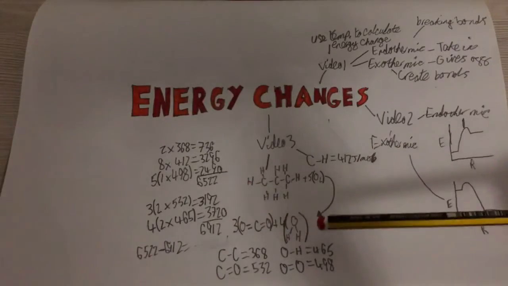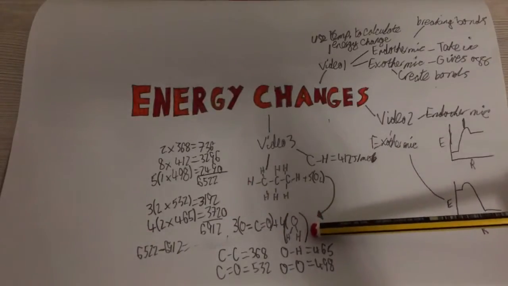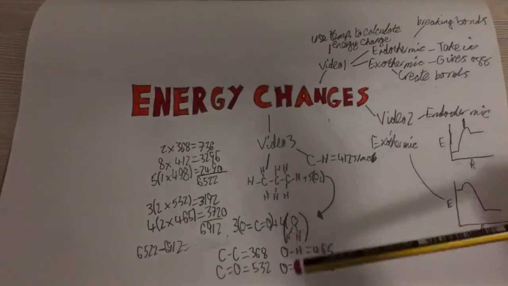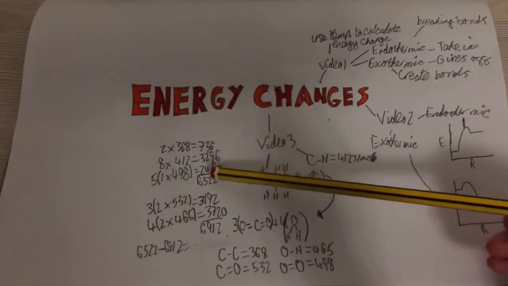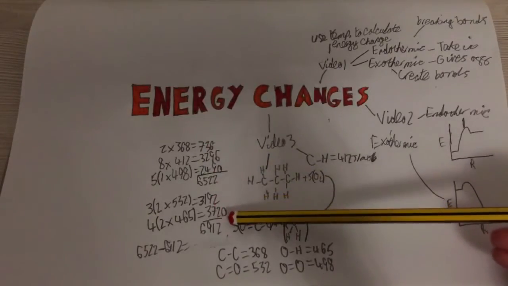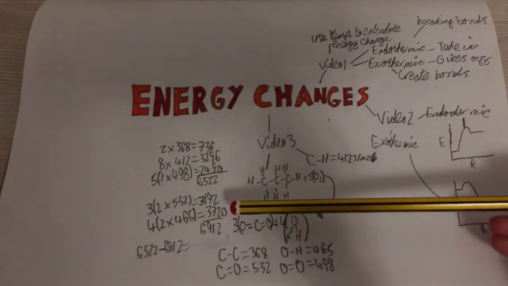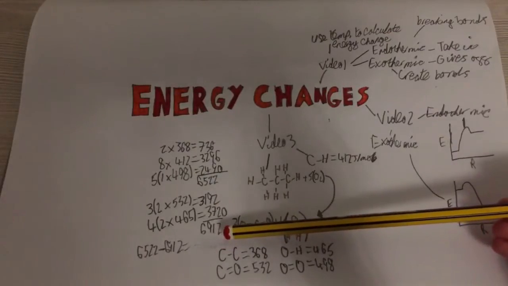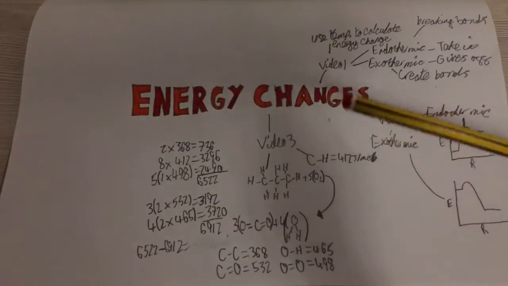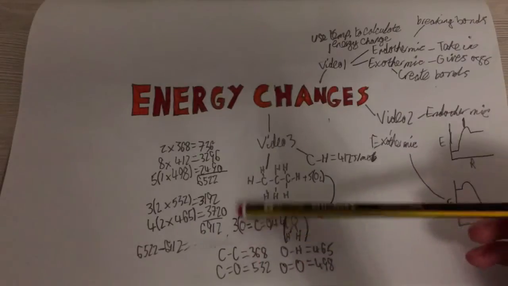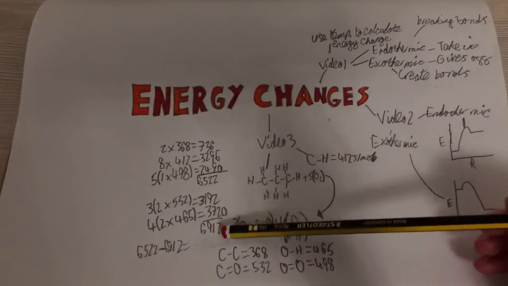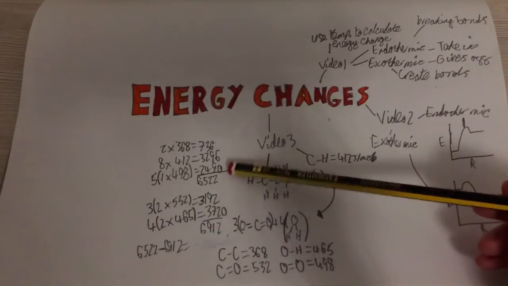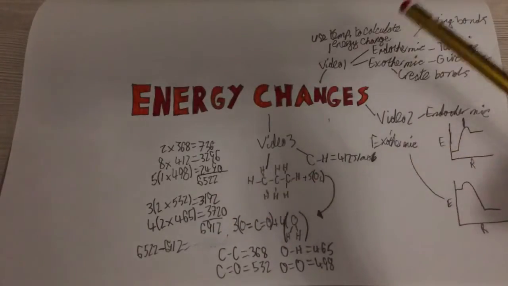Then you've also got 4 lots of 2 oxygen and hydrogen bonds, because there are 2 bonds in each water molecule, which, if you multiply it together, gives you 3,720. If you add those together, you get 6,912.